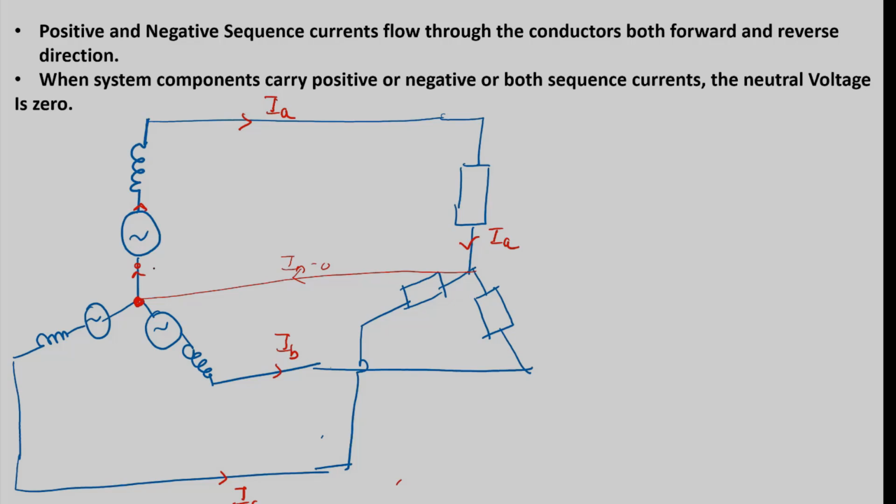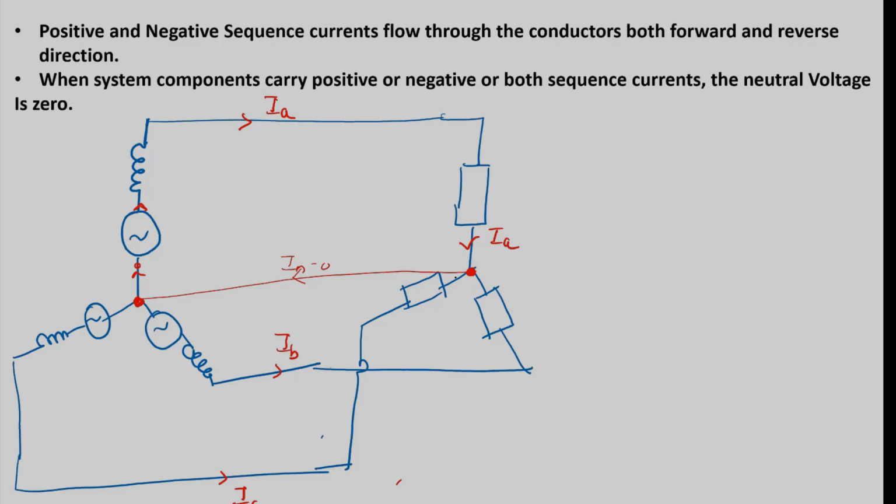That is the question. Many people will think that it will go through the ground. No, it will not. No current will go through the ground apart from zero sequence currents. So I'll tell you the trick today. Whatever current flows and reaches this point will return through the other two conductors.